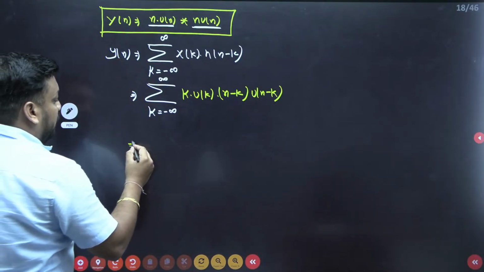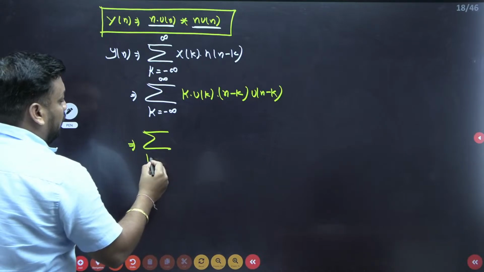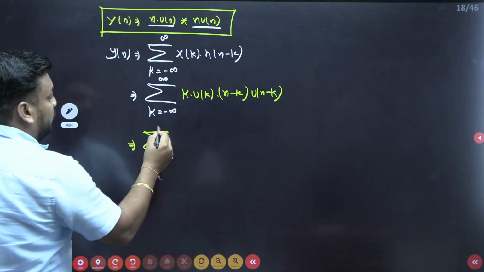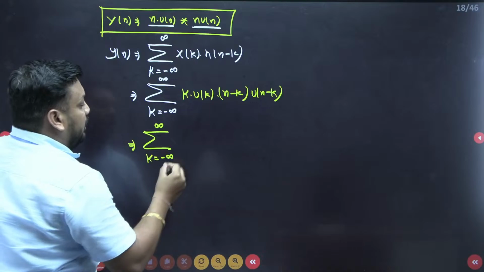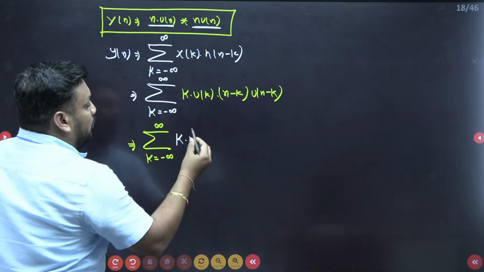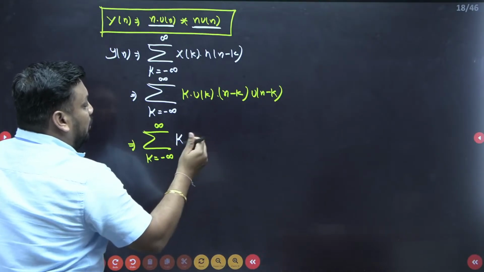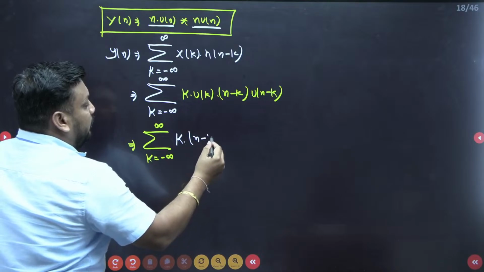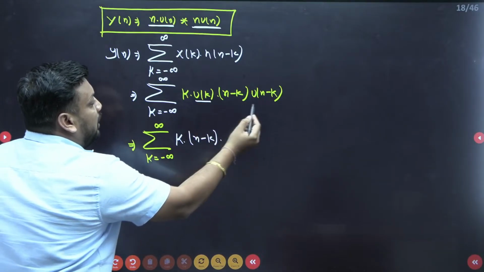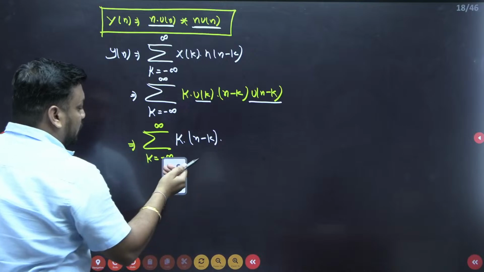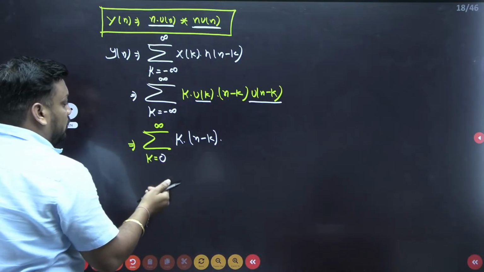So ultimately what you will get guys? You will get sigma of k tends to minus infinity to infinity, and here I will get k dot n minus k, and u of k and u of n minus k will give you the limit k equal to 0 to n.